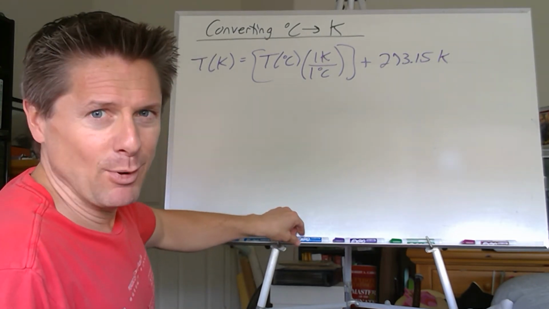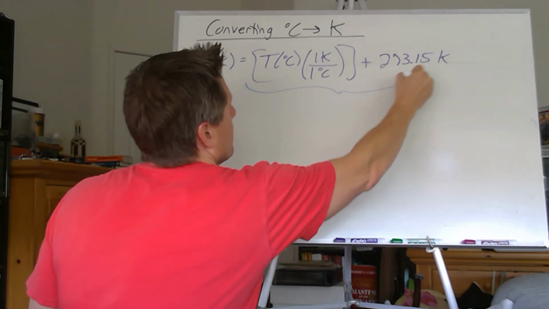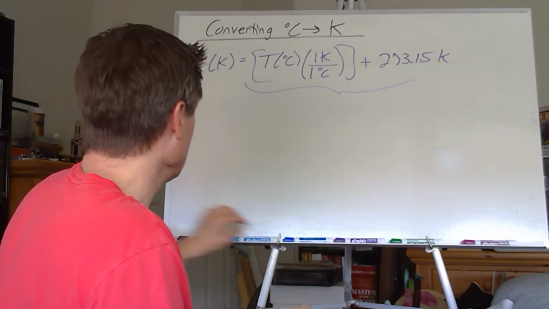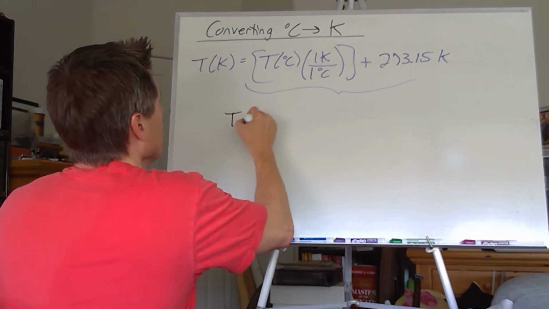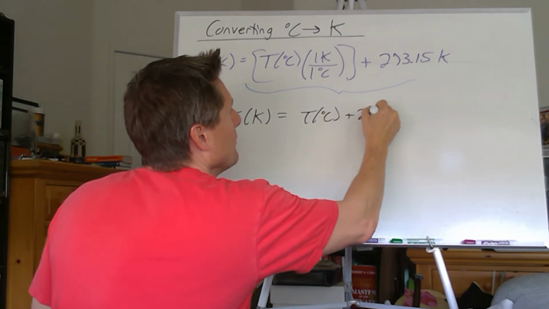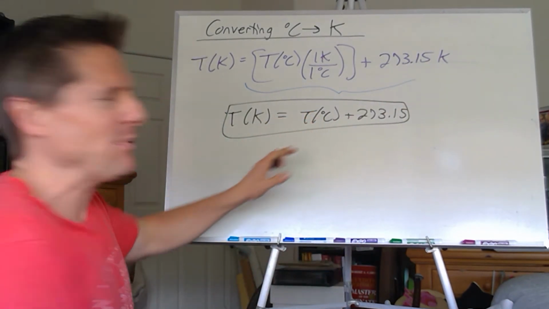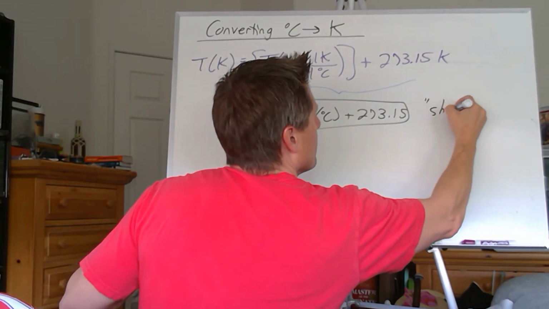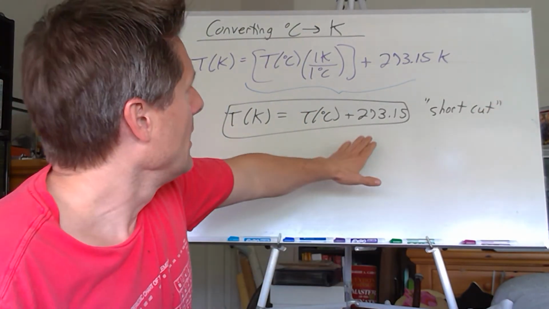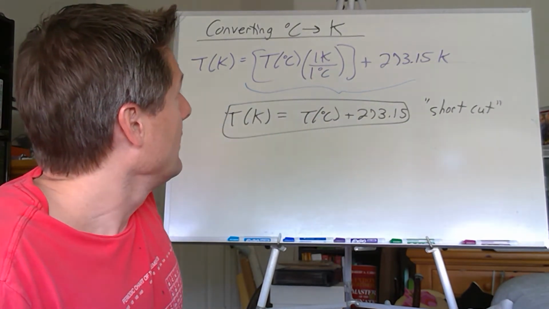A lot of people don't do this specifically, so they just ignore this whole part completely. And they say that the temperature in Kelvin is just the temperature in degrees Celsius plus 273.15. It's kind of sloppy, so think of this as a shortcut, because you're actually leaving out a step, the 1 to 1 ratio.